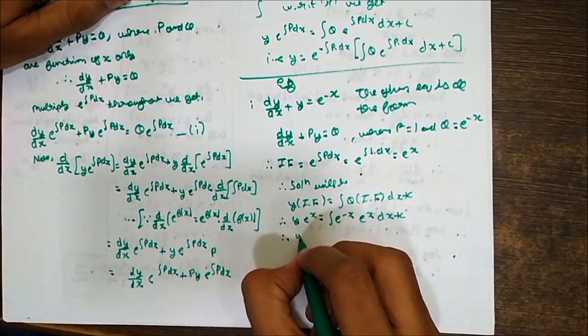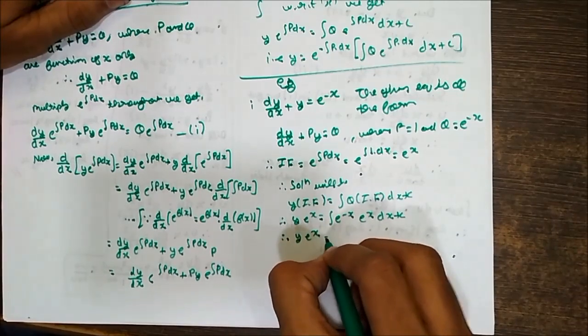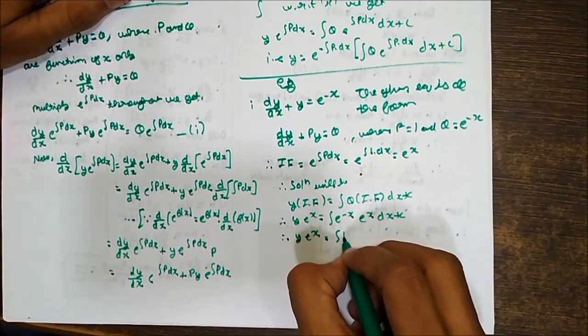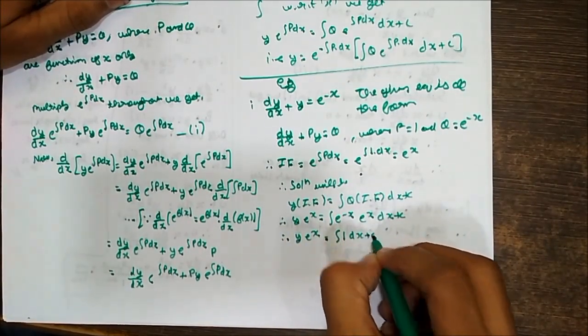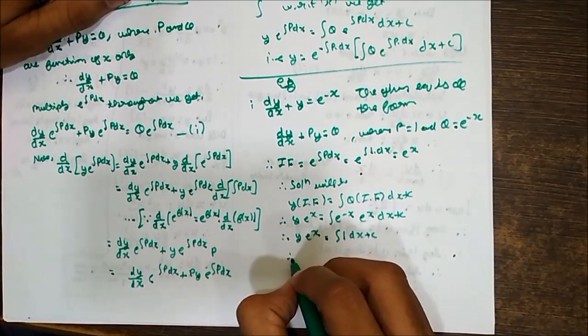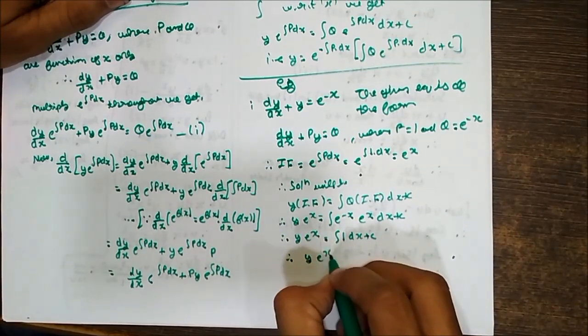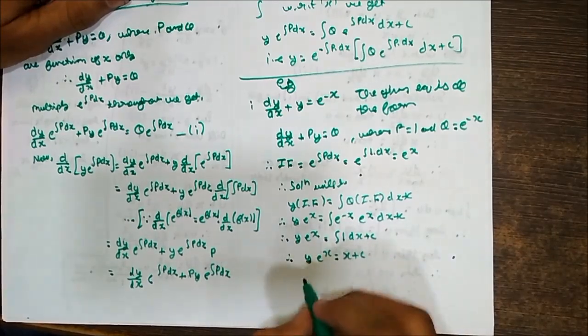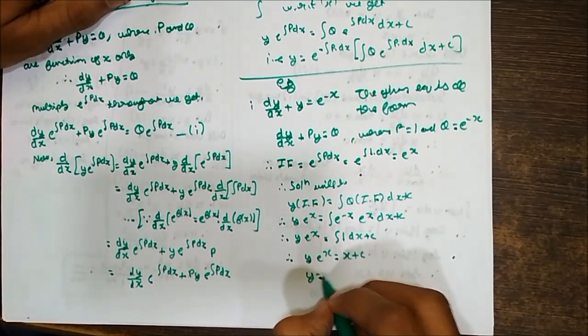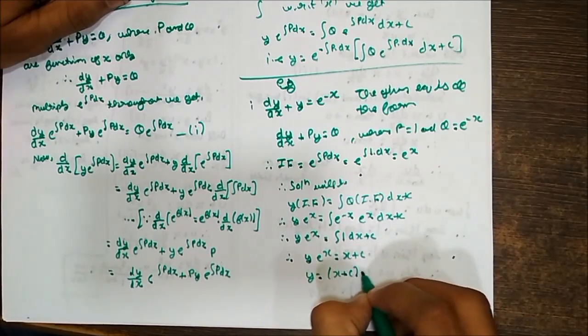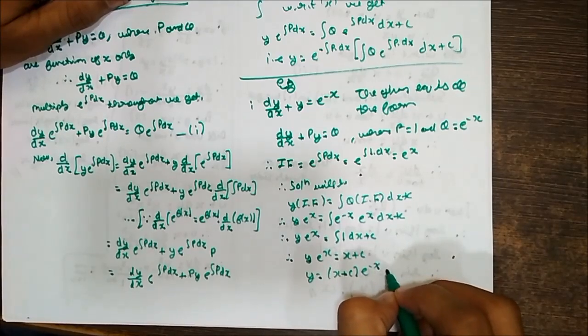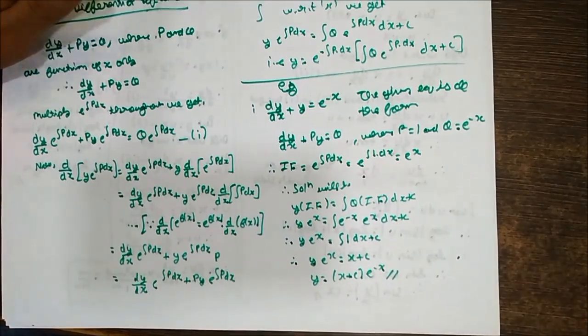Therefore y e^x is equal to ∫1 dx plus c, so y e^x is equal to x plus c. Y is equal to x plus c e^(−x). This is the required solution for the given question.